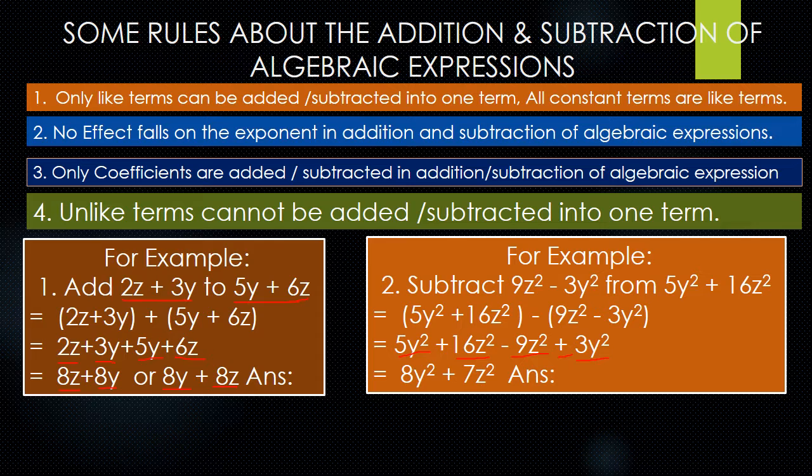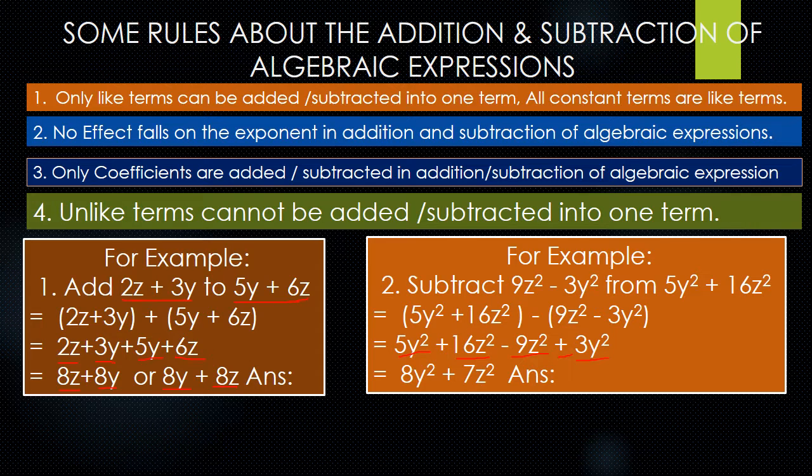What are like terms and what are unlike terms? About this I have already told you in my previous lecture. If you haven't watched my previous lecture, lecture number 2, you are advised to watch it for like terms and unlike terms. So like terms can be added and subtracted, while unlike terms cannot.